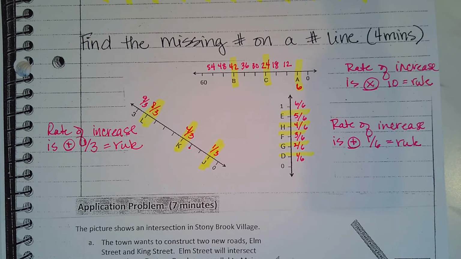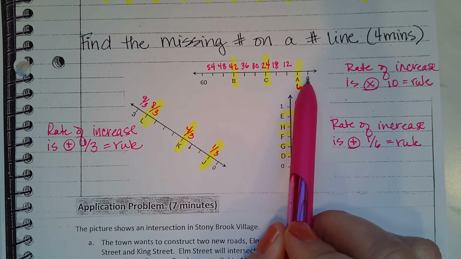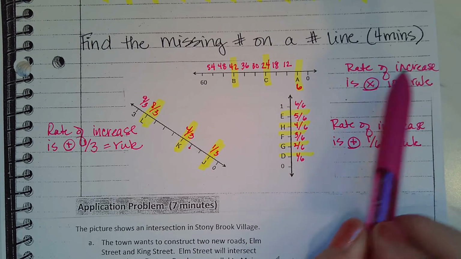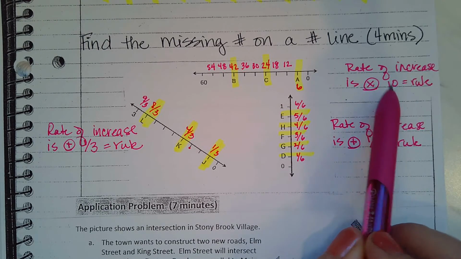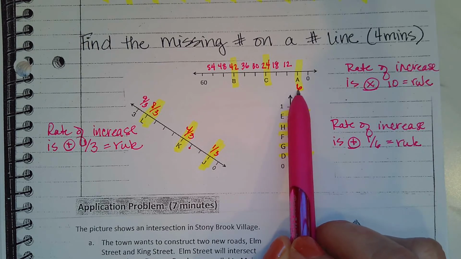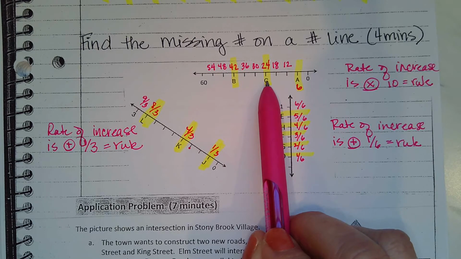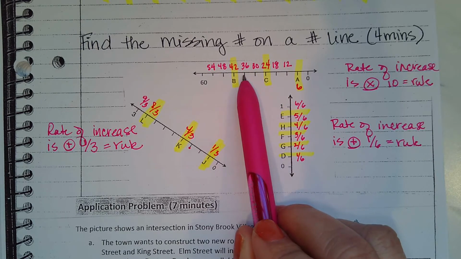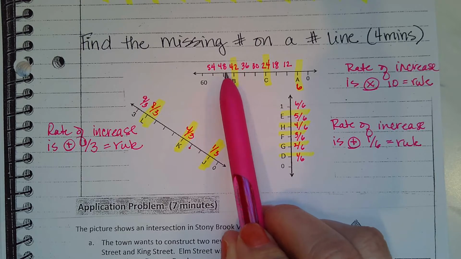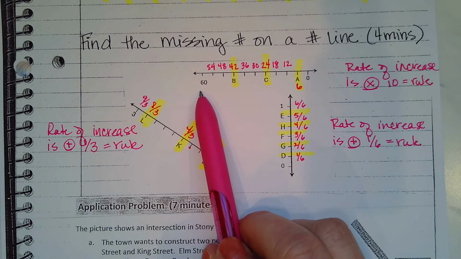Okay, so hopefully you were able to figure out what the missing numbers were. This top number line, the rate of increase is multiplying by 6: 6 times 1 is 6, 6 times 2, 6 times 3, 6 times 4, 6 times 5, 6 times 6, 6 times 7, 6 times 8, 6 times 9, 6 times 10.